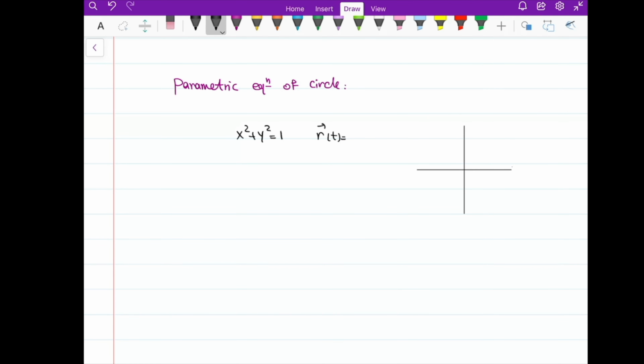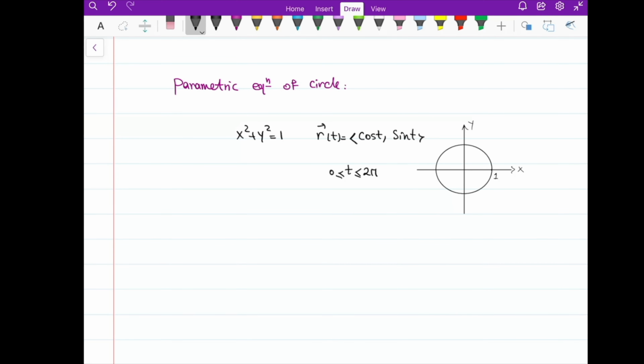So I have the x-axis, the y-axis, and this circle of radius 1. To parameterize that, I'm going to say that the x component is cosine t, and the y component is sine t, where t is between 0 and 2 pi.